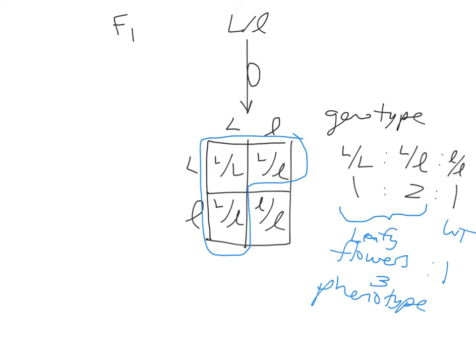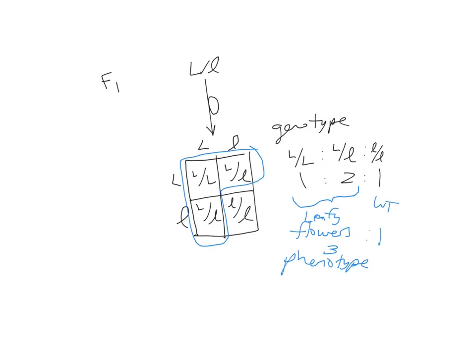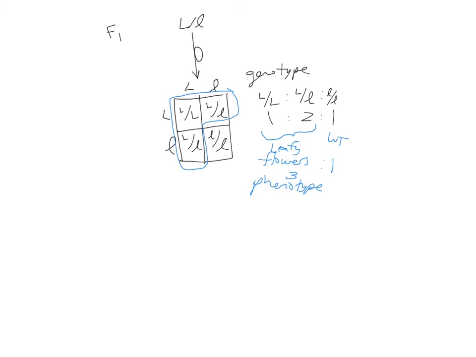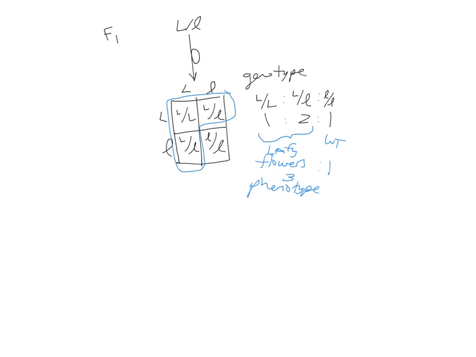So, to answer the question now, I'm going to switch to red for the rest of this. Okay, so we've got self the F1s. The total of these, that 3 ratio, leafy-flowered plants, we produce 456.